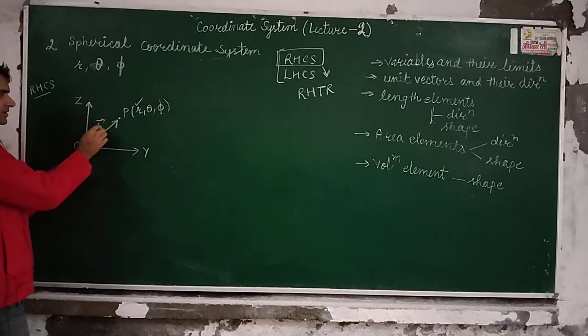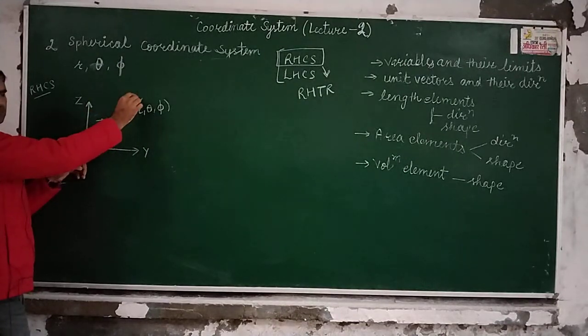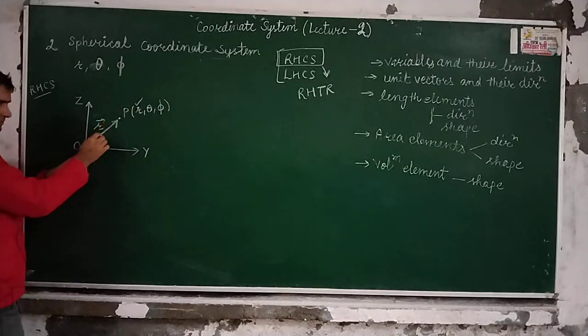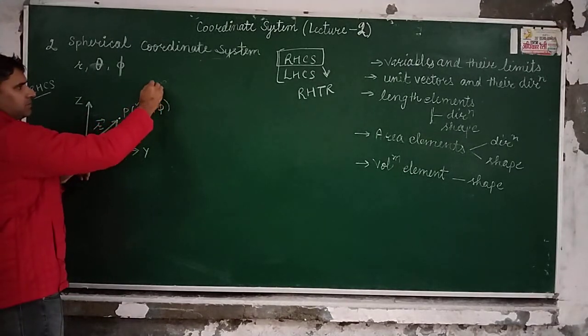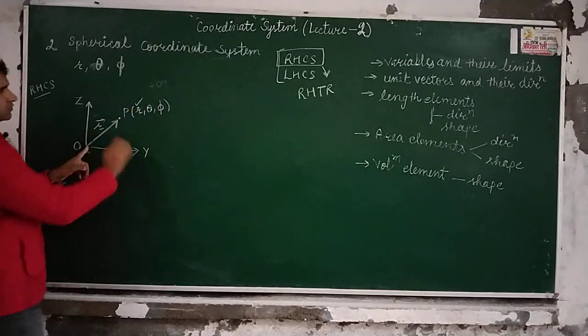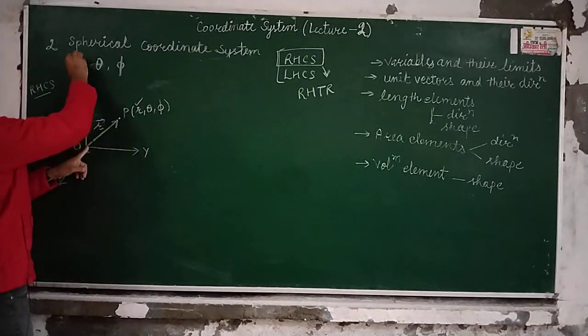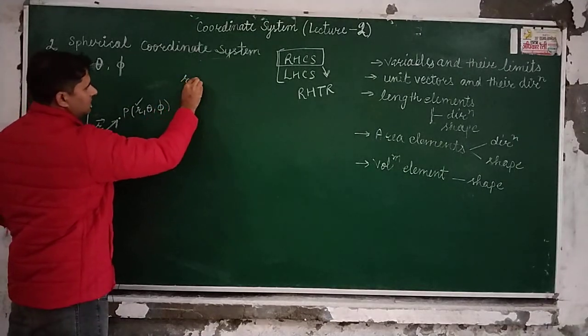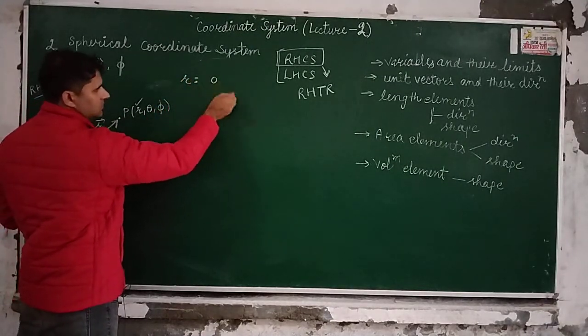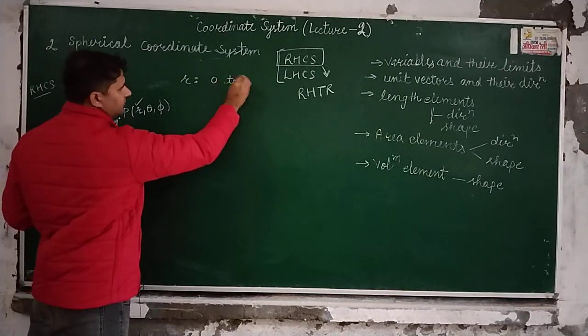Its size can be larger or smaller, and the maximum limit will be plus infinity. So we have discussed the limits of variable r: it varies from the origin, 0, to plus infinity.